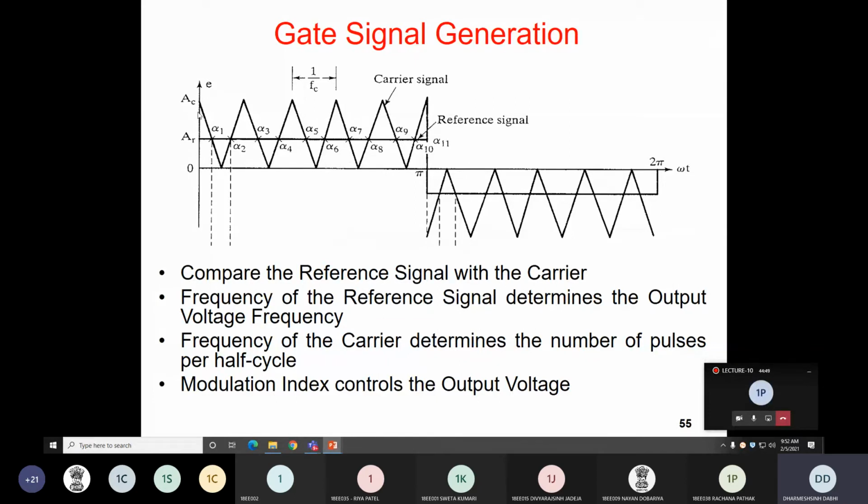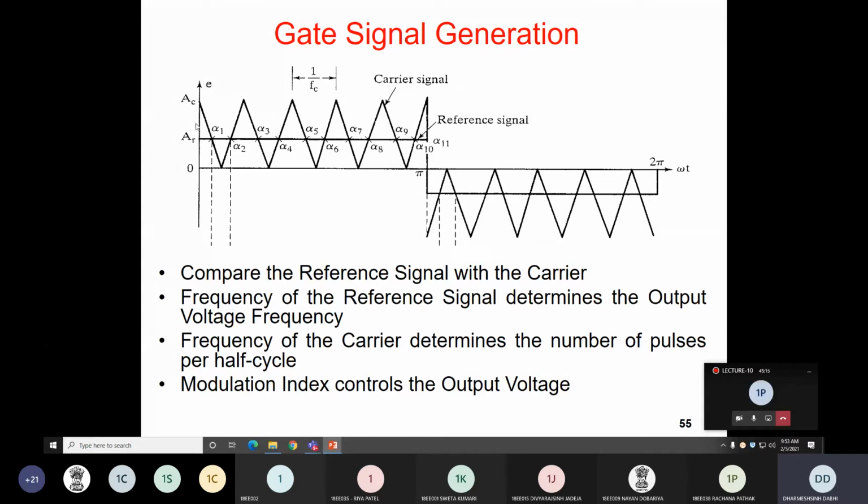AR is the peak of reference, AC is the peak of carrier signal. And the frequency of your output voltage is decided by the frequency of this reference signal. Suppose this reference signal, this square wave frequency is 50 Hz, so your output voltage frequency is also 50 Hz. So take the reference signal with the frequency which you actually want at the output side of the inverter.